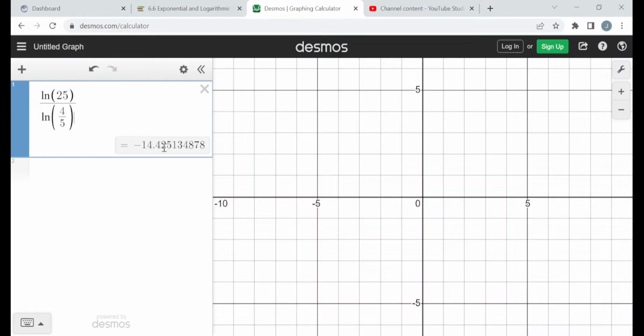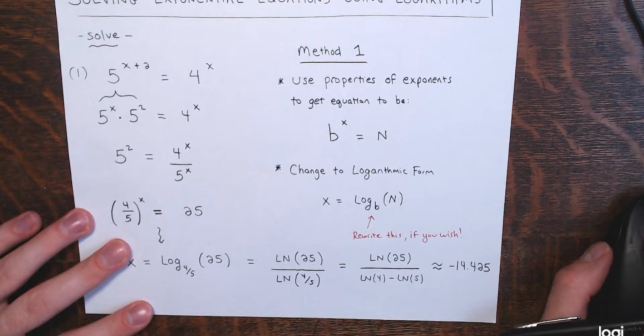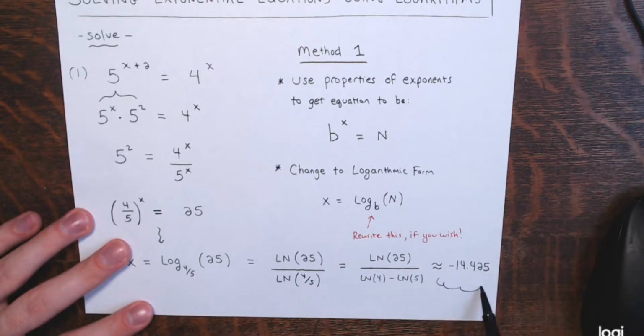Alright, that was one of the versions of my answer. And that is about negative 14.425 if I round to 3 decimal places. Alright, so back here. So there's my solution, rounded. This is an approximation. See the approximately equal to's.